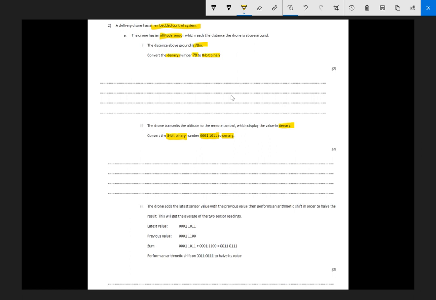We add 2 values together and we do an arithmetic shift to divide it by 2, so you get the mean average. We've got 2 binary values. You add them together, and then it's saying perform an arithmetic shift on that answer, the 2 latest altitude sensor values added together. You've got to divide that by 2 by performing an arithmetic shift.